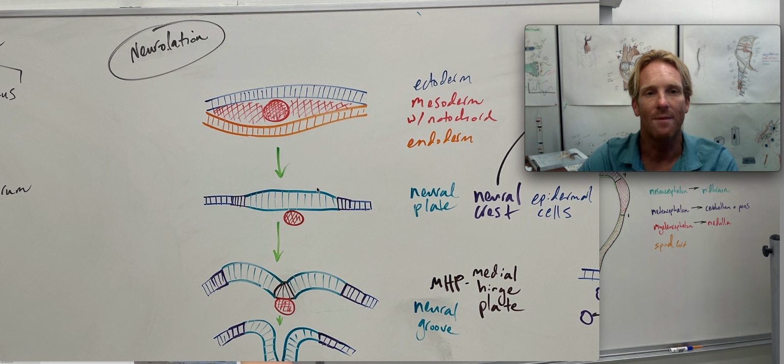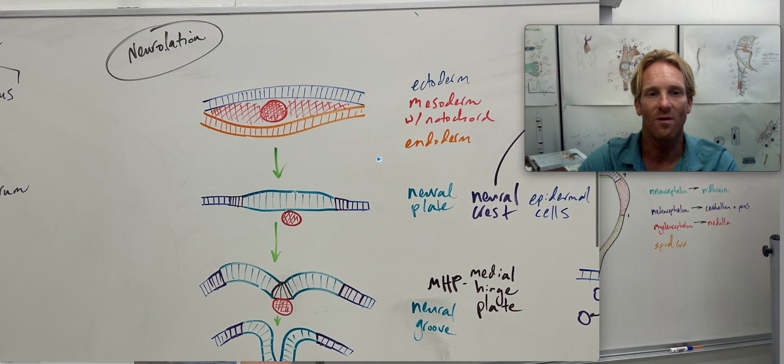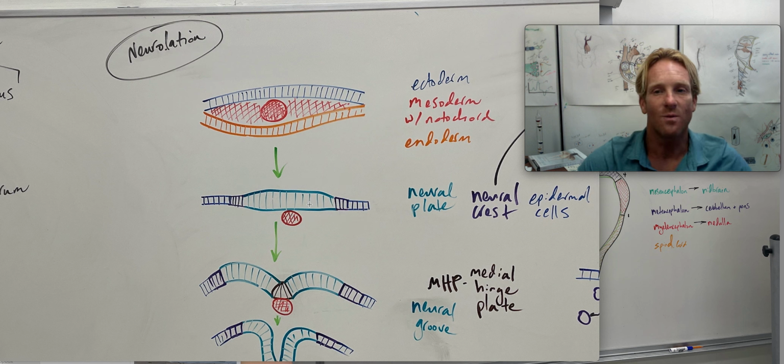So here's what happens. Right above the notochord, you're going to get a thickening of the ectoderm. That thickening of the ectoderm is called the neural plate, and that's this structure right there. It's worth mentioning that the notochord is the structure that initiates the formation of this neural plate.